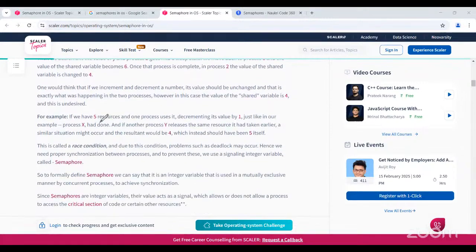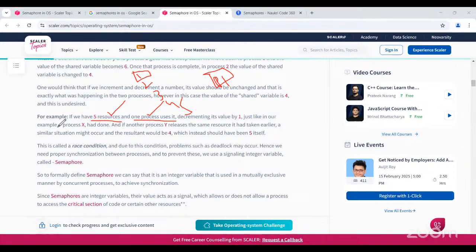See your example: we have five resources, that is one, two, three, four, five resources, and there is one process, P1, which is using it and incrementing its value by one.